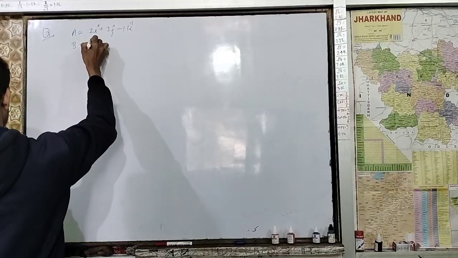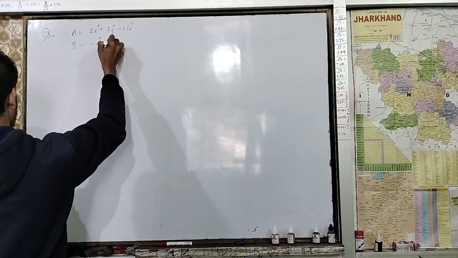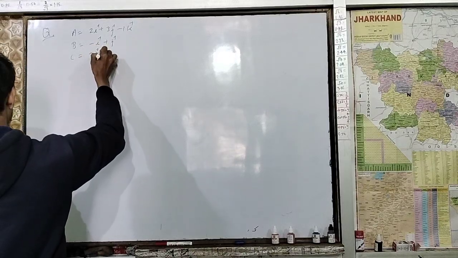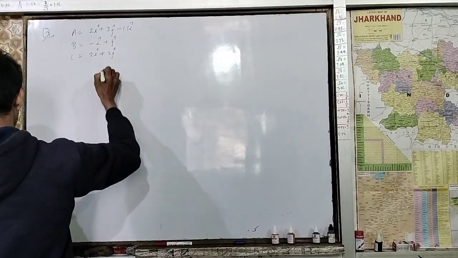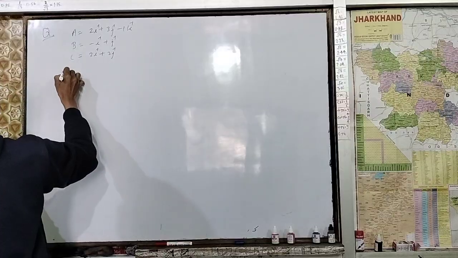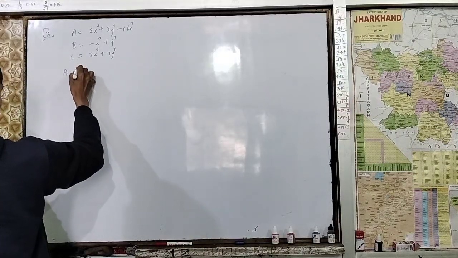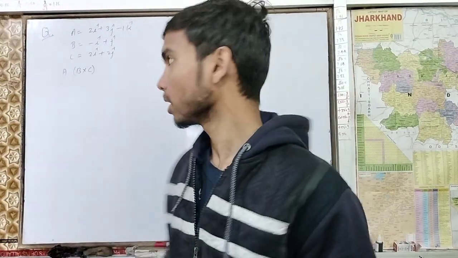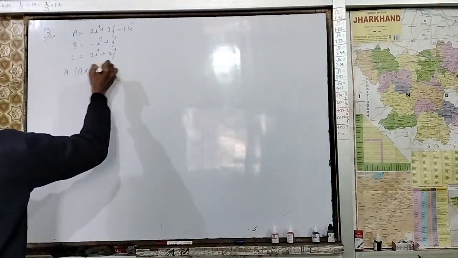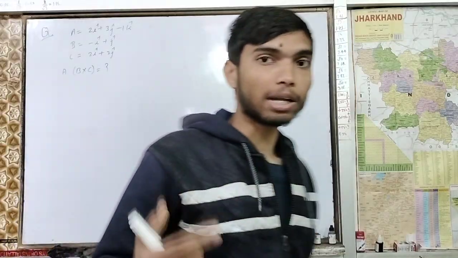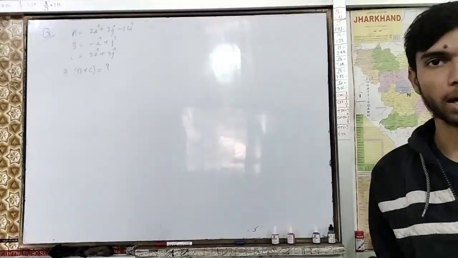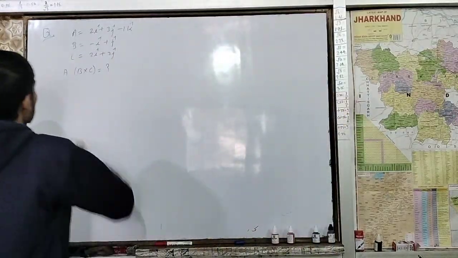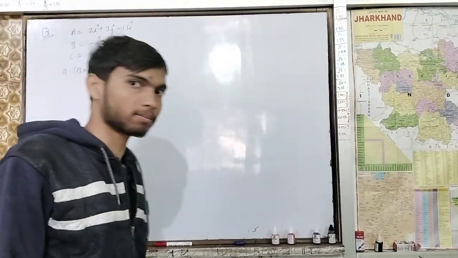B is equal to minus I cap plus J cap. C is equal to 2I cap plus 2J cap. So the question wants A dot B cross C. The same formula we will use. Remember, you will get a value which will be a magnitude, not a direction.